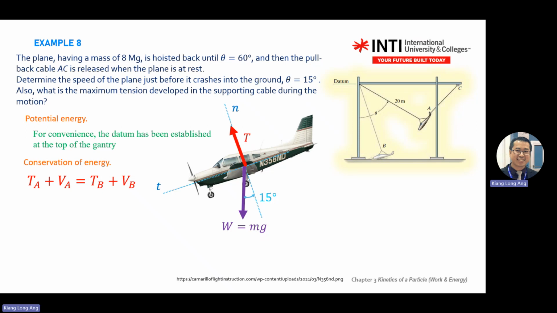You understand what I explained just now, right? Conservative and non-conservative. Why can we take out the delta U or work, the non-conservative component? Why?